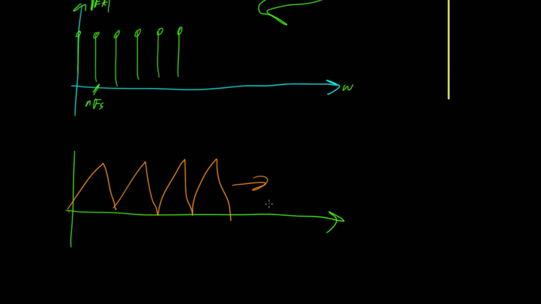So the whole trick is that if this spacing is big enough, there's no overlap between these pieces, right? So everything is still maintained, like the unique properties of that signal are maintained.